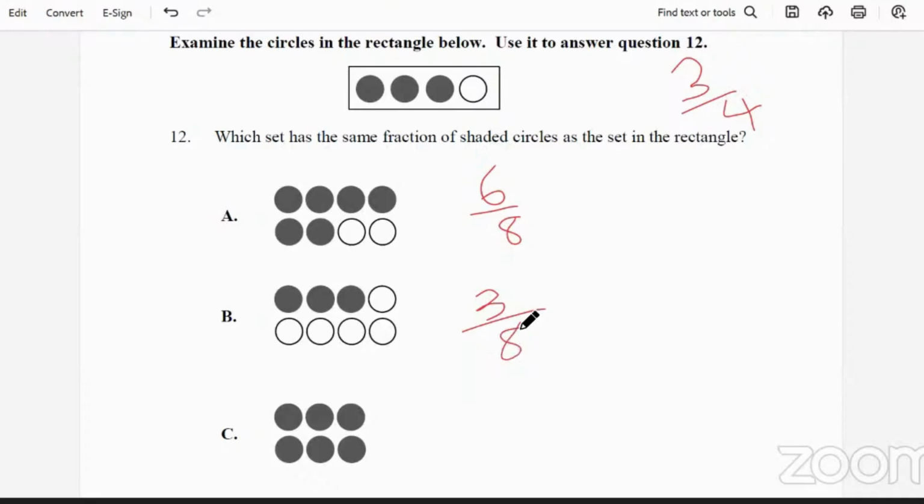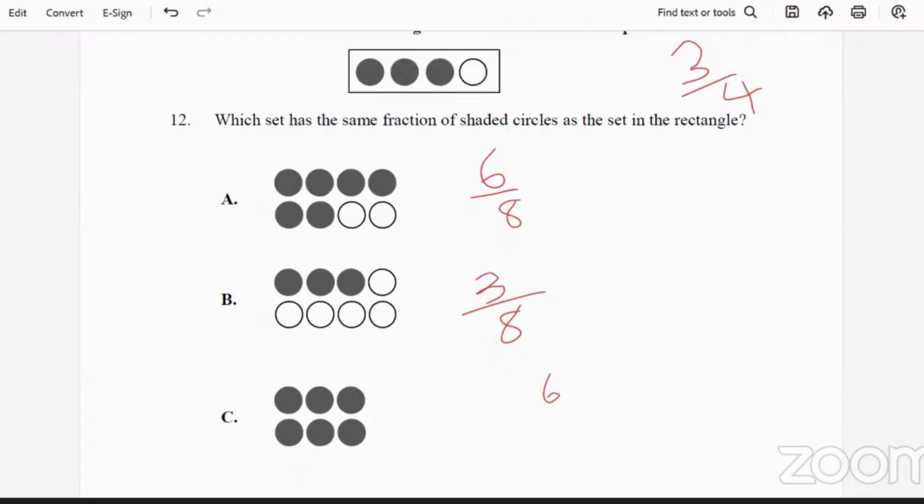And option C has 6. I want to make sure everything is on the paper. Right, 6 out of 6 parts. Everything was shaded. So which of the sets here has the same fraction of shaded circles? Now you notice that for these options, they're not the same as what's there in terms of the actual number. So again, we would have to do some reduction where possible.